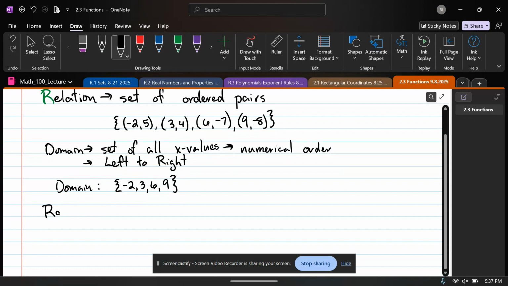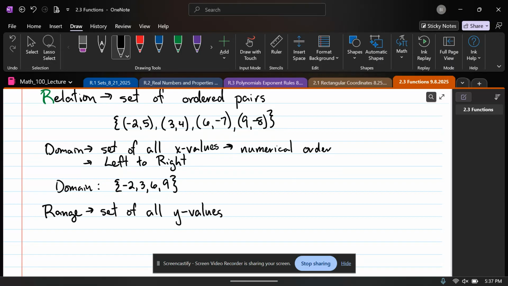And then we have the range, which guess what it is? It's the set of all y values. And the way we want to think about that is bottom to top.